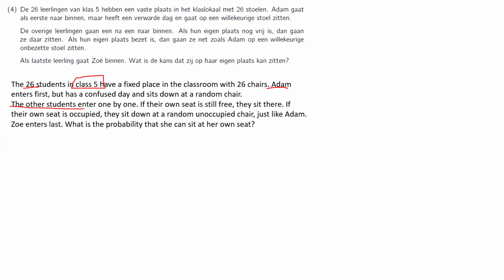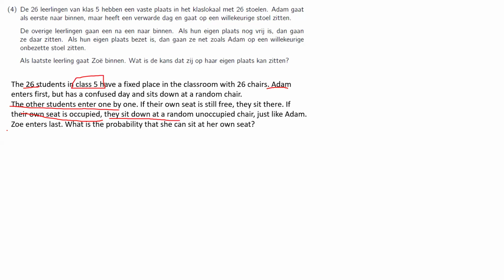The other students enter one by one, and they are not confused. If their own seat is still free, they will select their own seat. If not, meaning their own seat is already occupied by somebody else, they will select a random occupied chair, just like Adam.